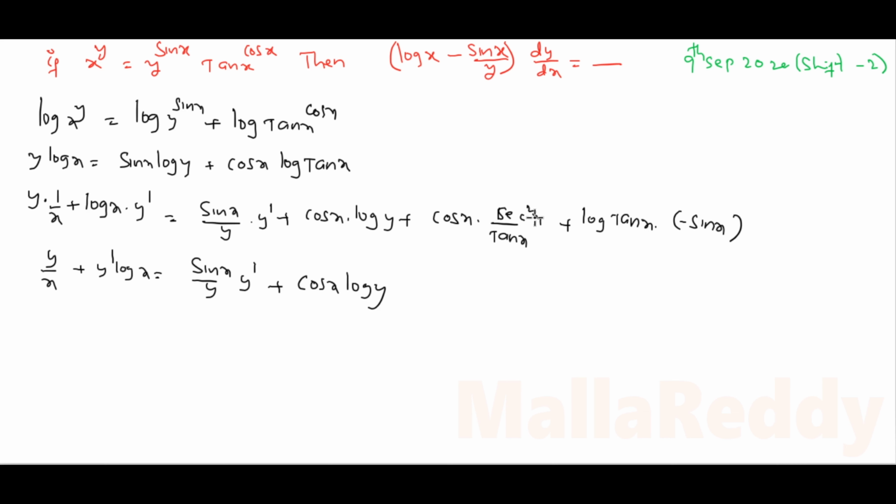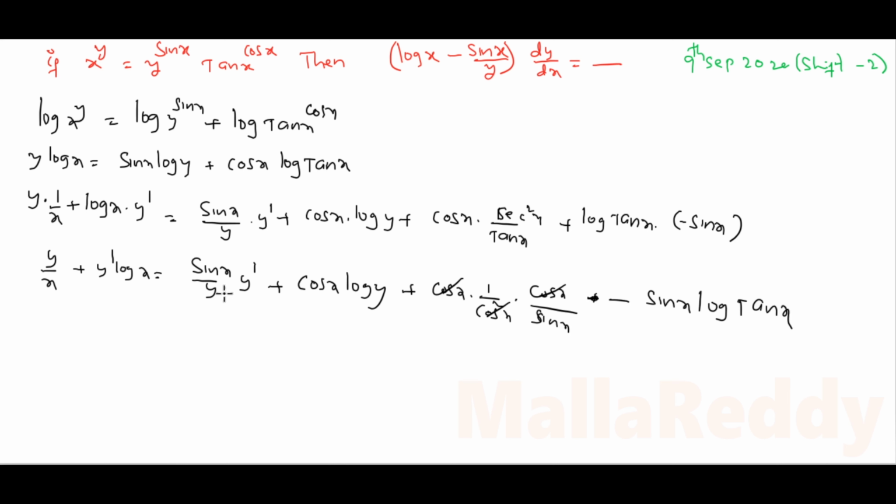Sec² x is 1 by cos² x, that is cos x into 1 by cos² x, plus cos x into sec² x value is 1 by cos² x, and tan x value is 1 by tan x, that is written as cos x by sin x. Cos x into cos² x cancelled, that is plus, and minus sin x into log of tan x.